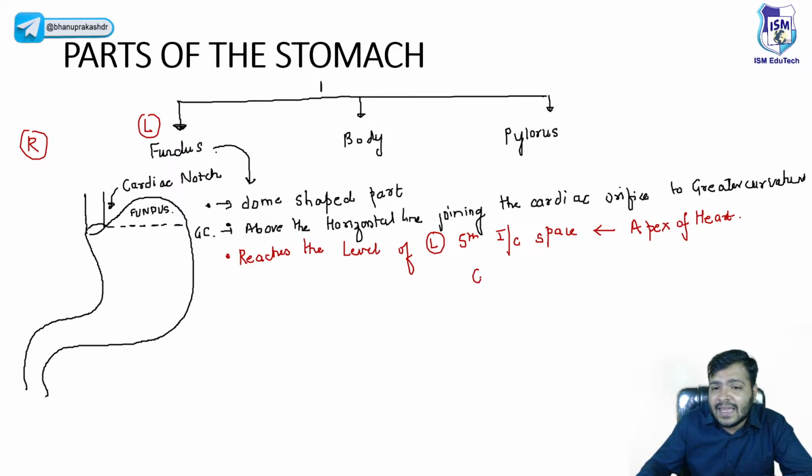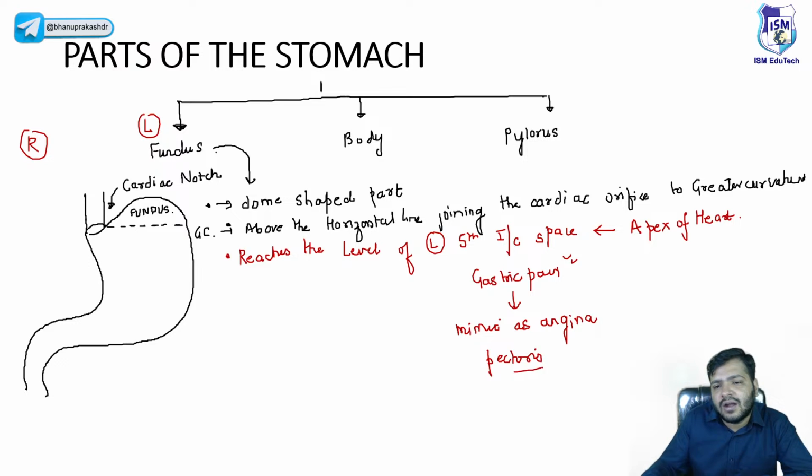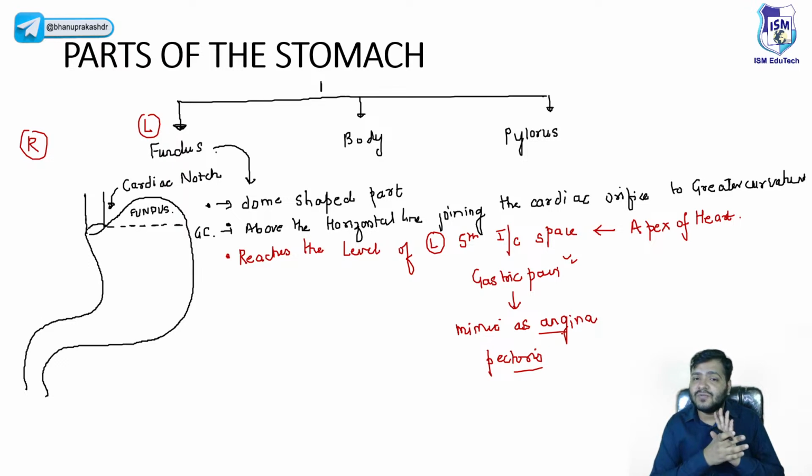So if there is any gastric pain, beta, this is the clinical part that you have to remember. If there is any gastric pain, it can mimic angina pectoris, the pain in the heart, because gastric pain over the fundus region is at the level of the fifth intercostal space where the apex of the heart is present.